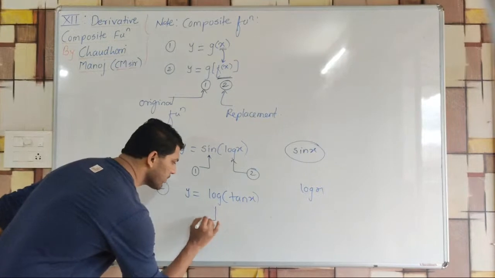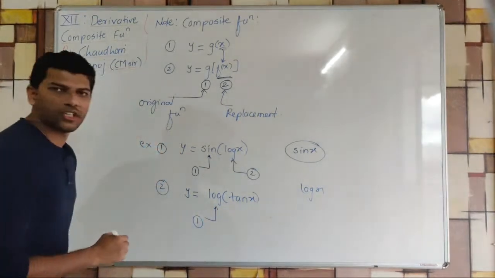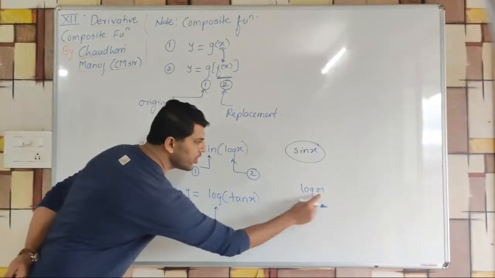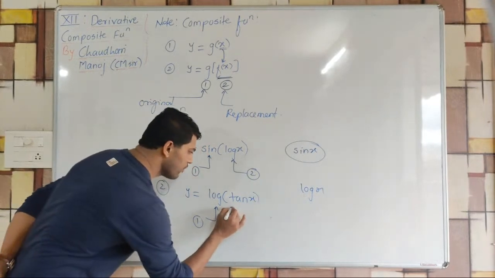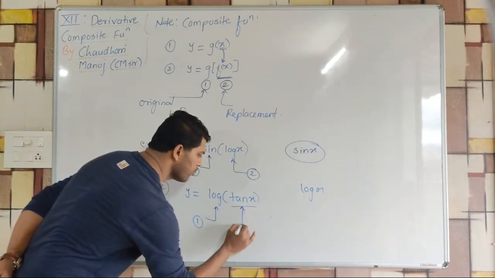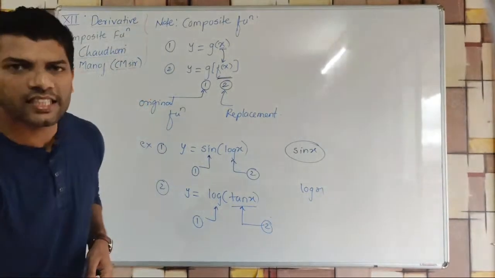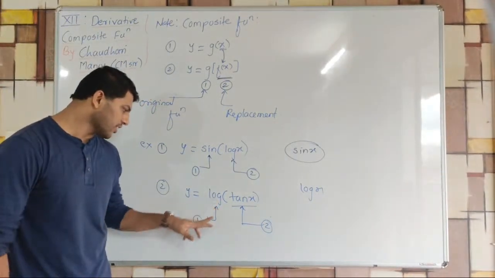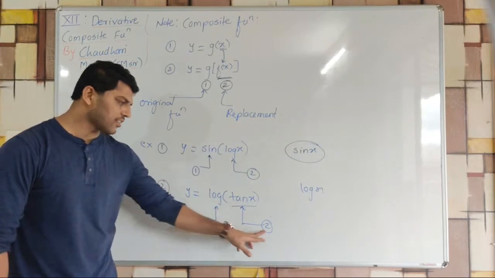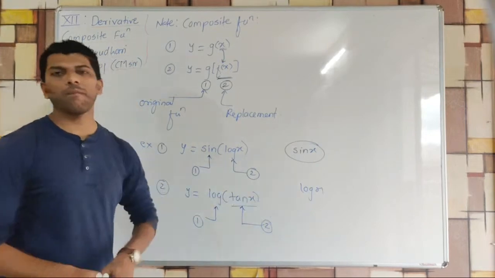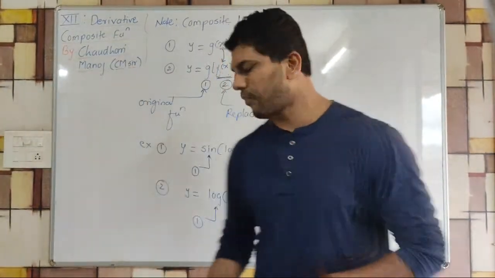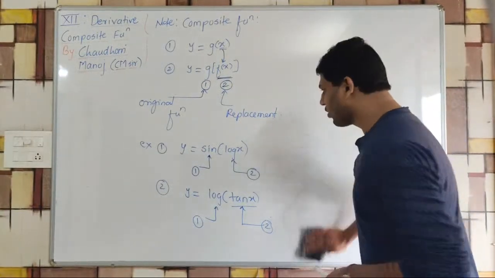So log is the first part or the standard function and this tan x is actually a replacement for this x. So we can assign 2 to the tan x, and the derivative depends on this numbering. So log x is the first part and tan x is the replacement, which is the second part for this composite function.